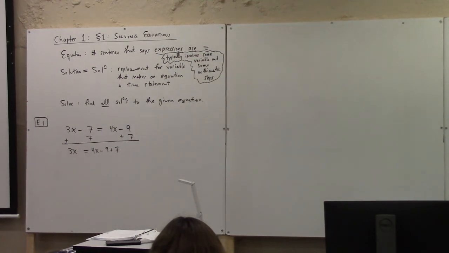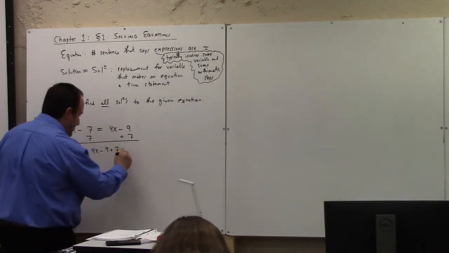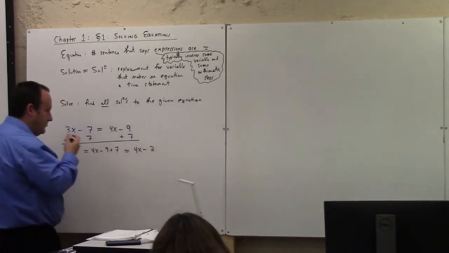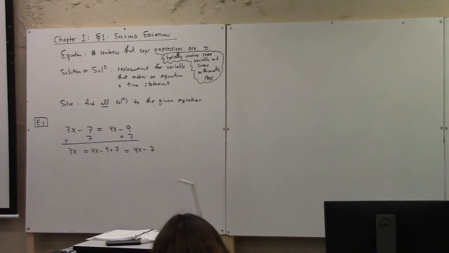Well, what's minus 9 plus 7? Negative 2. So the right-hand side we could write as 4x minus 2, right?